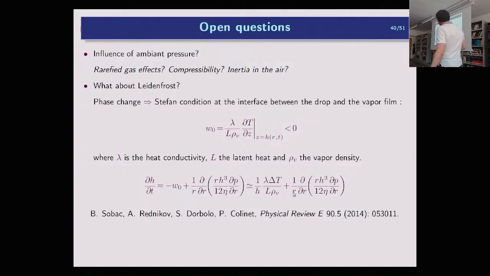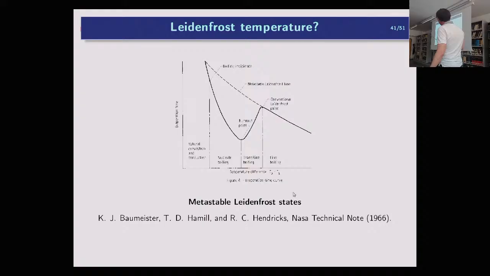So what's, in my opinion, the main question about this phenomenon? I think it's been known from the 60s that this is metastable, which means that if you put a drop on a hot solid surface and you measure the evaporation time, then above 100 degrees, if it's water, you're going to have a value.